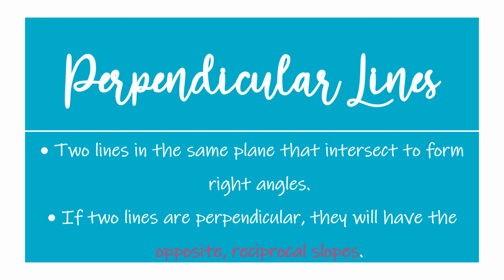So an example of opposite reciprocal slopes would be 1/2 and -2, or -3/2 and +2/3. What's nice is that if you were to multiply the slopes of perpendicular lines, it always equals -1. So that's another way to look at it as well.